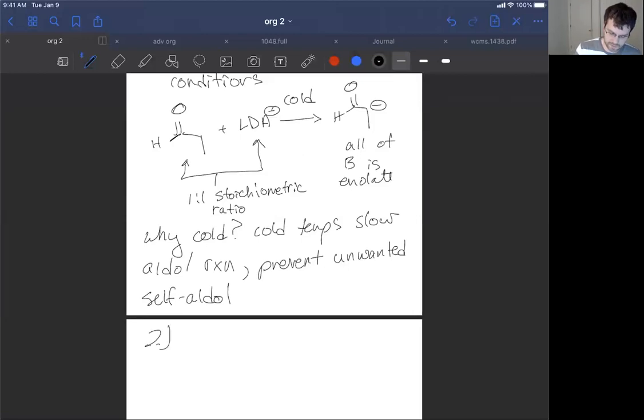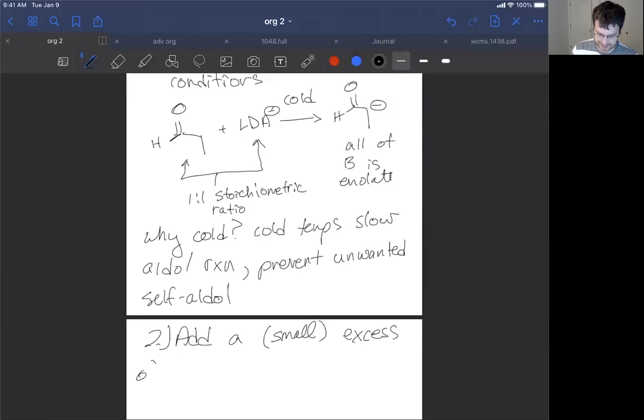And step 2 is we're going to add a small excess. It doesn't have to be crazy, but a small excess. What's a small excess? That means we're going to have more of this next molecule, which happens to be carbonyl A. We're just going to have a little bit more than we need. I don't mean excess to sound too excessive. Just a little bit more. That's what a small excess means.